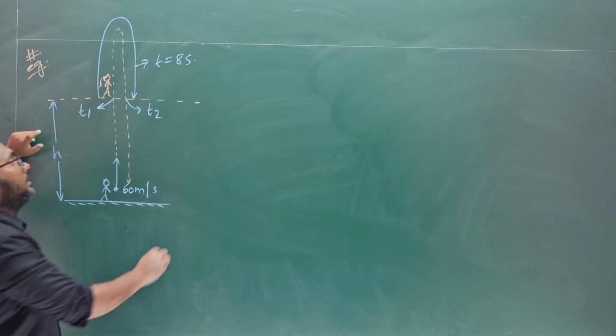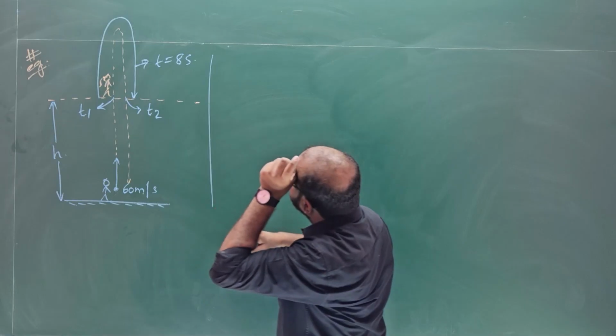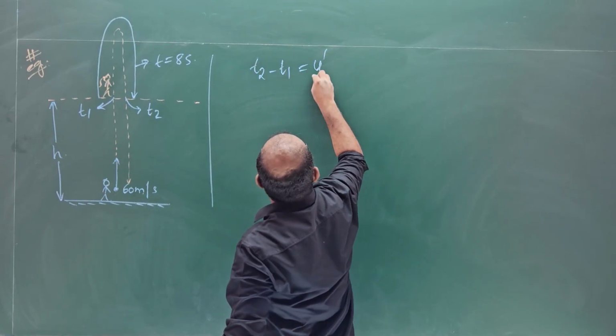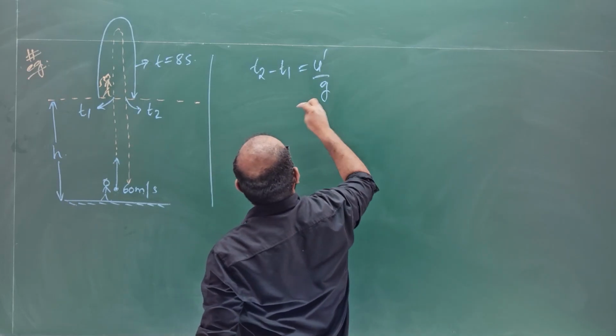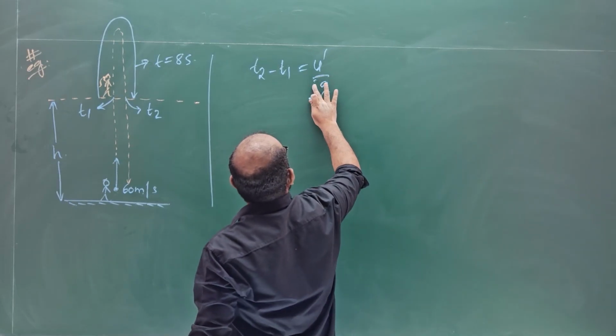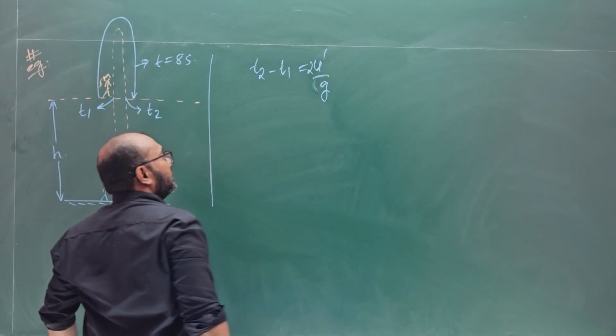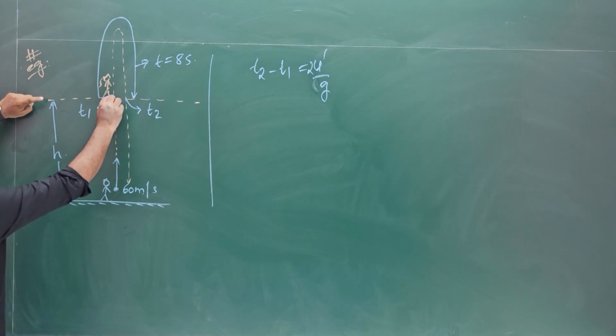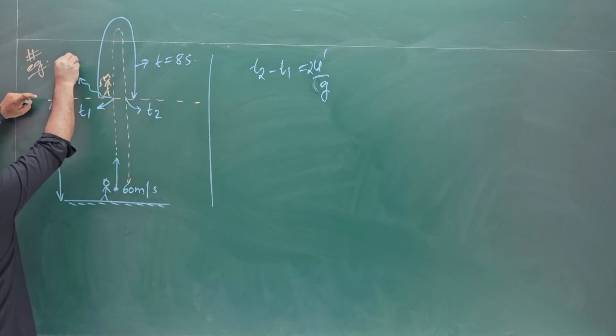Can I say that T2 minus T1 is nothing but 2u dash upon g? We are calculating the velocity at this point, so let this velocity be u dash.